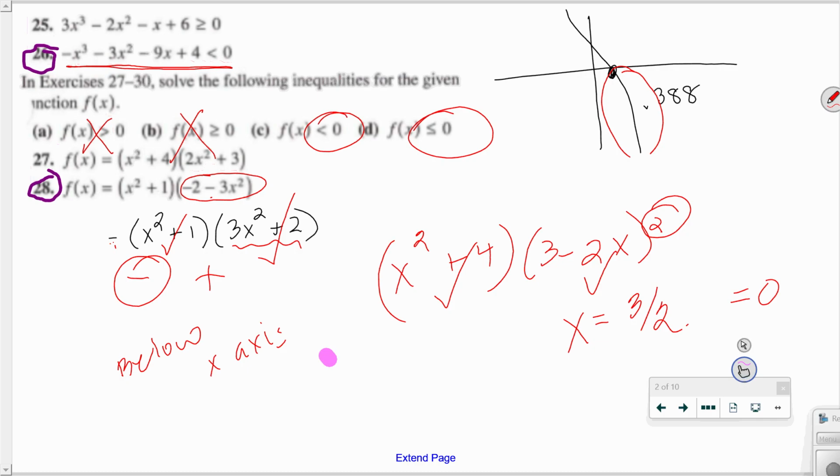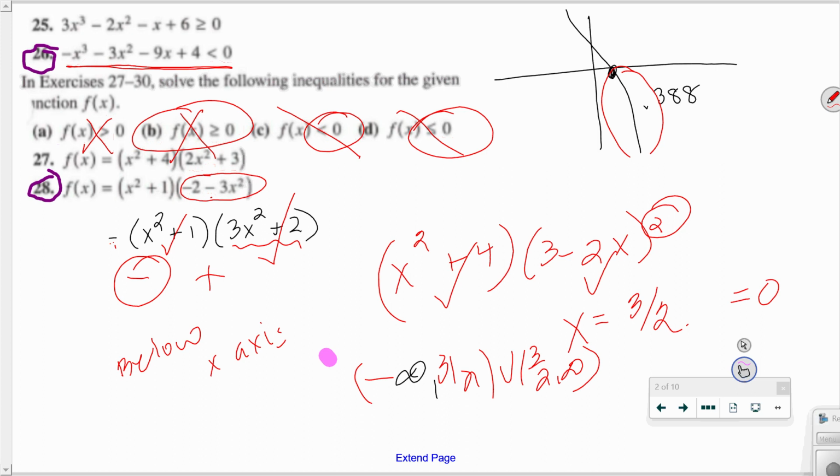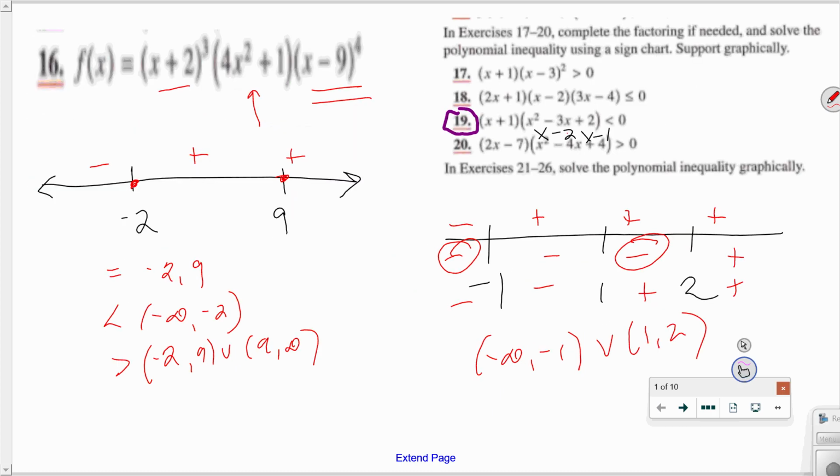So it's going to be greater than or equal to 0 everywhere. It's never negative. This one would be equal to 0 at 3/2. And then this one, I think we would just need to take 3/2 out because it is equal to at 3/2. I'm not going to really ask you to do all 4 of them. I'm going to ask you more to do something like this or the rational function.